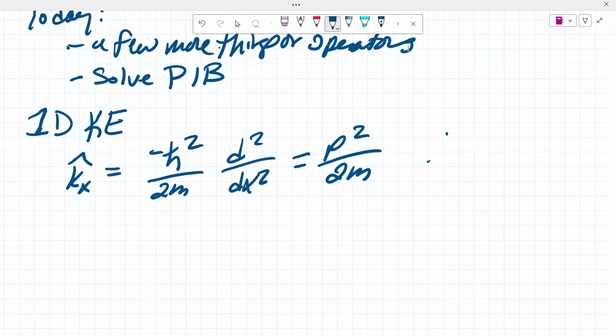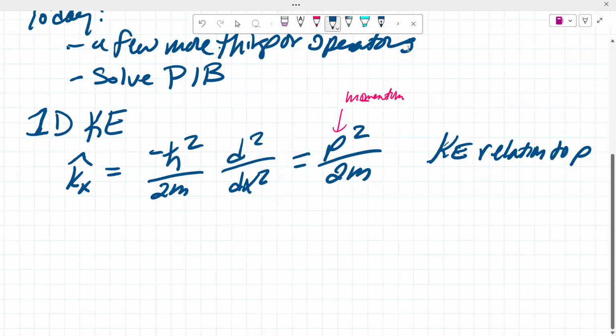This is the kinetic energy relationship to momentum, right? This, by the way, is momentum, in case you were wondering.